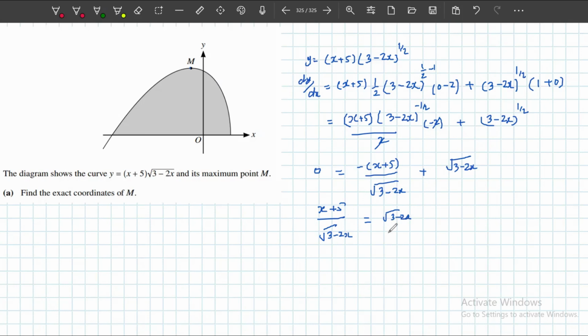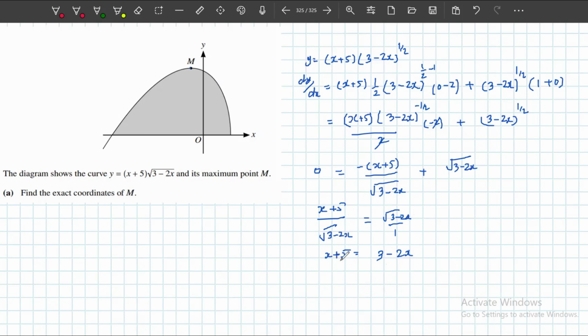And next, we will do cross multiplication. This gives me x plus 5 is equal to, as you see, 3 minus 2x and 3 minus 2x are the same, so we can cancel the square root form. That means lastly we have 3 minus 2x.